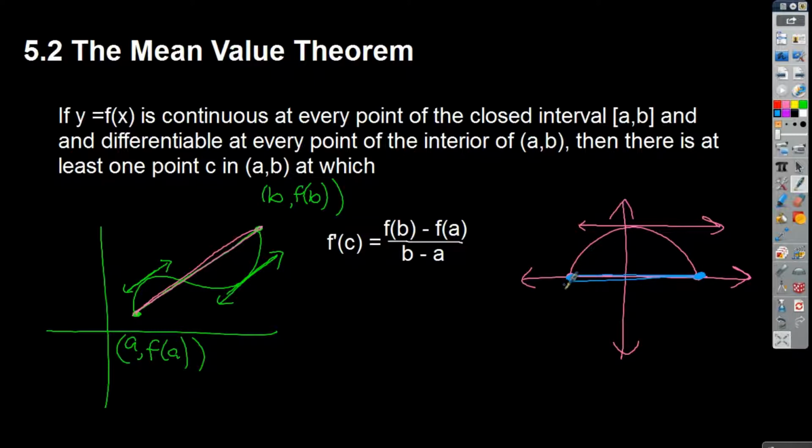If I look at the two endpoints, the slope from endpoint A to B is 0. It's the same thing here, A comma f of A and B comma f of B. The slope from the beginning to the end, or the average slope, is 0. There's at least one point on that interval where it also has a slope of 0.